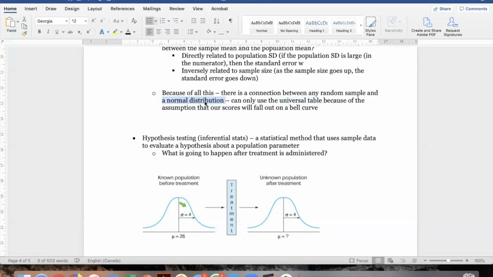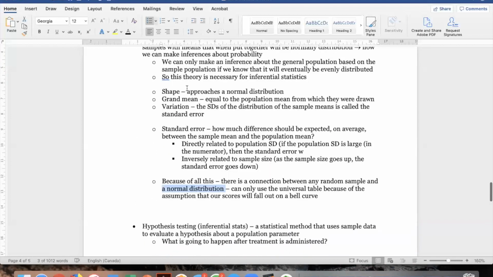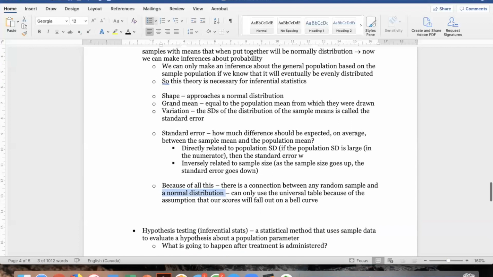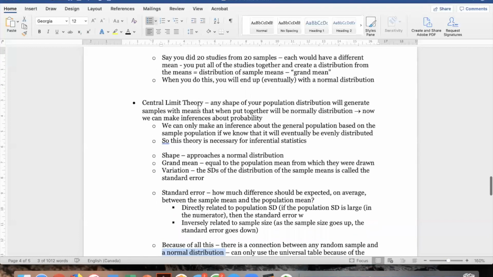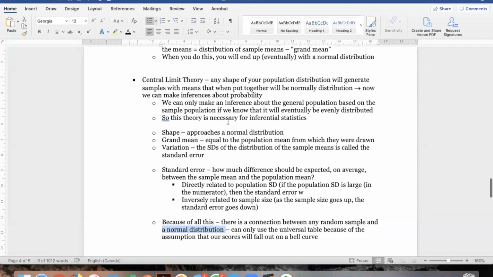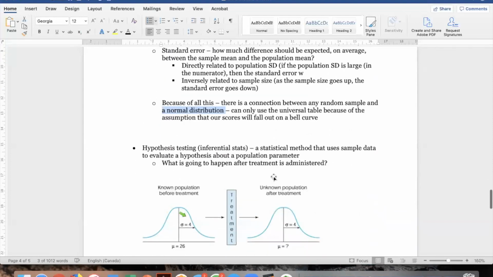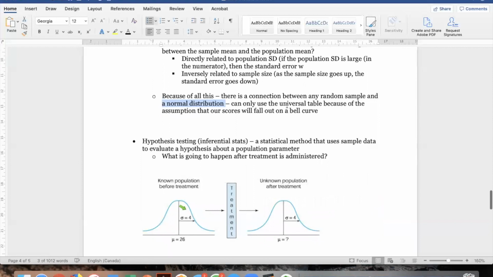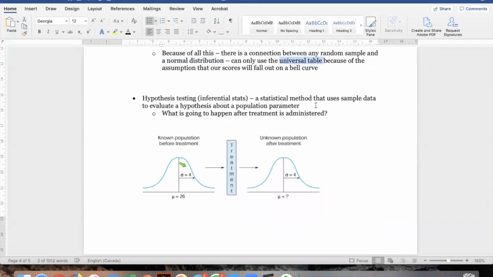That sounds confusing, but it's just what we were saying up here. We know that the more samples or studies we collect, the closer it will be to a normal distribution, which means we can use the universal tables, because that's what the universal tables are based on.